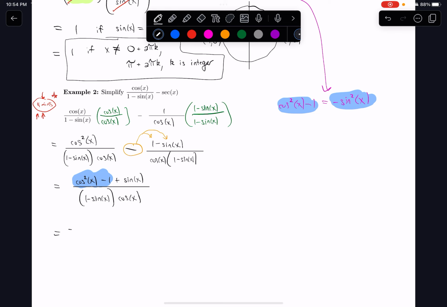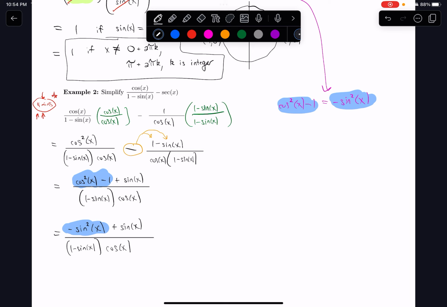So I got my negative sine squared x. Let me highlight that. And then I still have that plus sine x on the numerator. That whole thing divided by 1 minus sine x times cosine x.